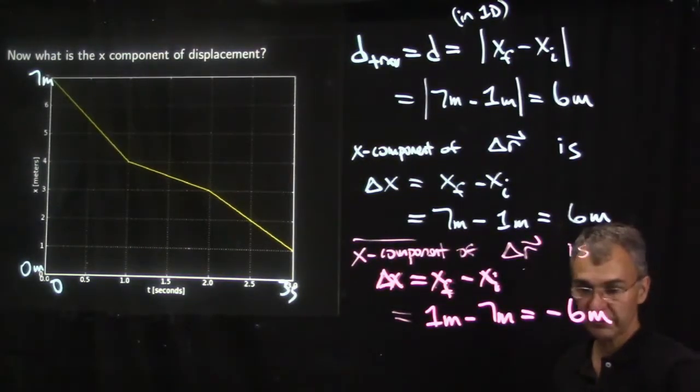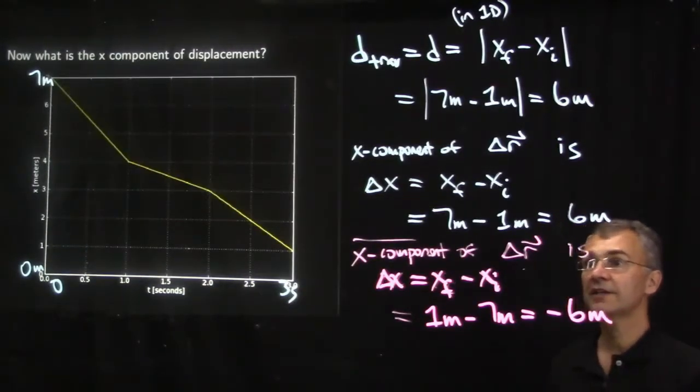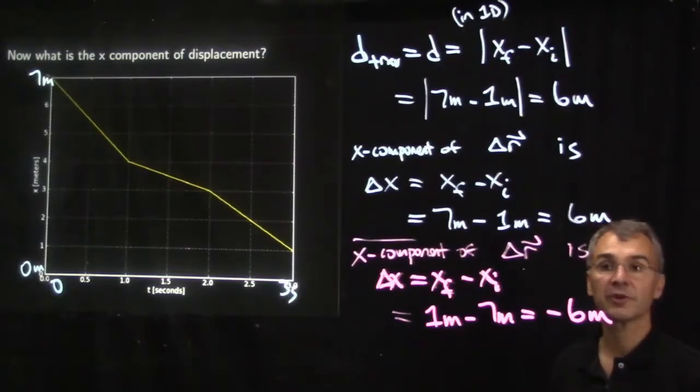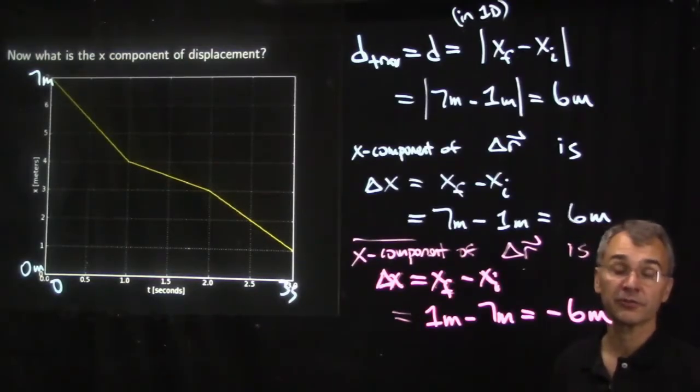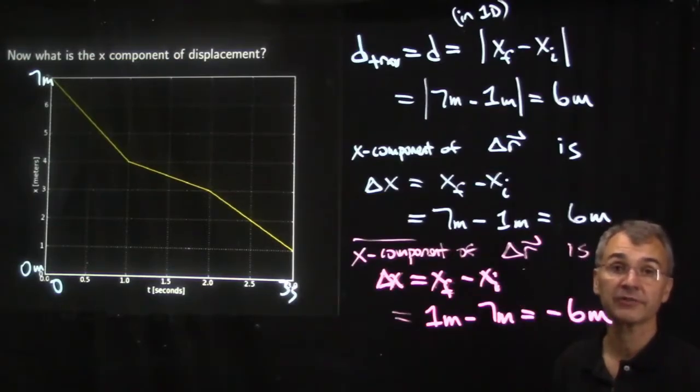So in the previous graph, the x component of displacement was plus 6 meters. In this graph, the x component of displacement is minus 6 meters. In both cases, though, the distance traveled is 6 meters.